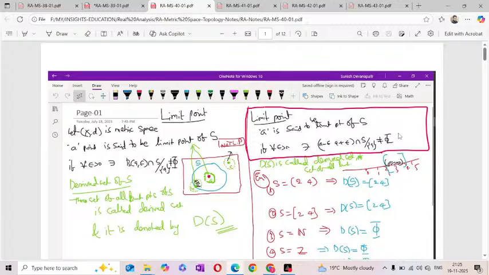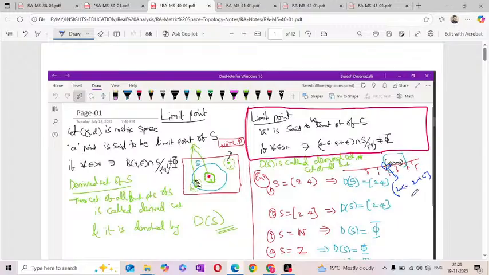For example, I am taking the open interval (2, 4). You can take any point in this interval. Suppose I am taking an interval around 2, that is, (2 minus epsilon, 2 plus epsilon). Now the intersection of this with S, here (2, 4), is always non-empty because the right side must be inside.